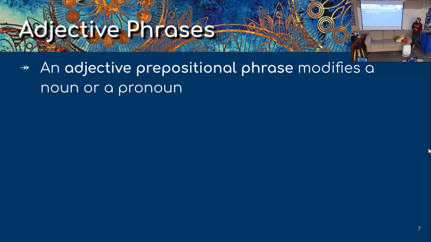So an adjective prepositional phrase, or adjective phrase, modifies a noun or a pronoun, just like a regular adjective, right? Adjectives, we know, have to modify nouns or pronouns in a sentence. So what this prepositional phrase is going to do is work as one unit to modify a noun or a pronoun.